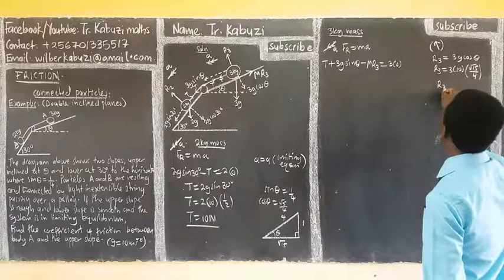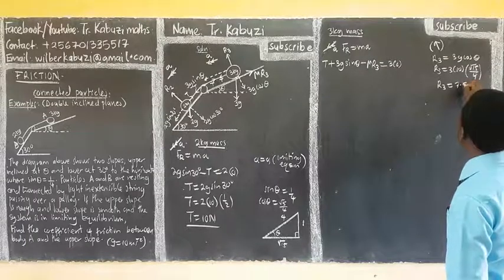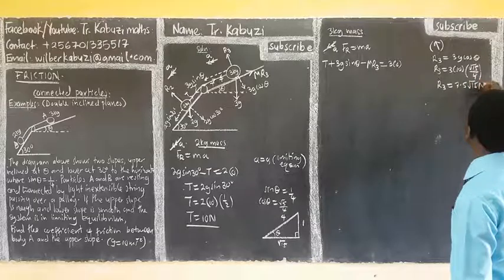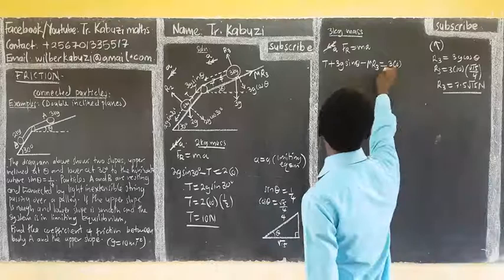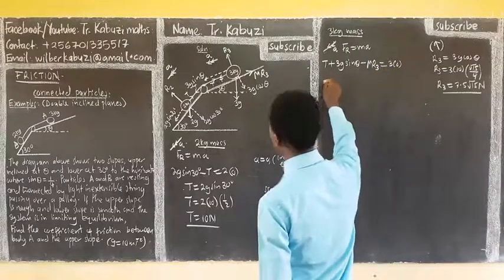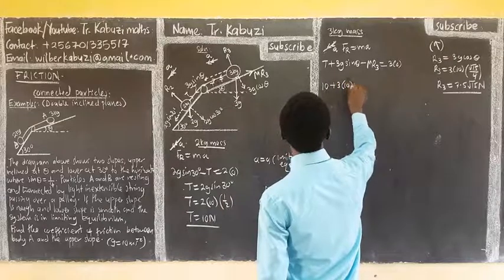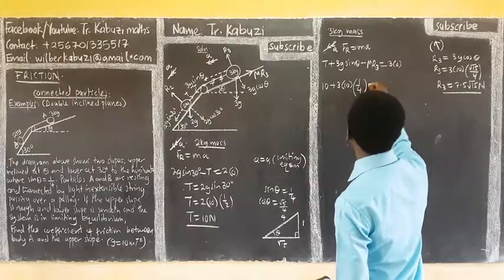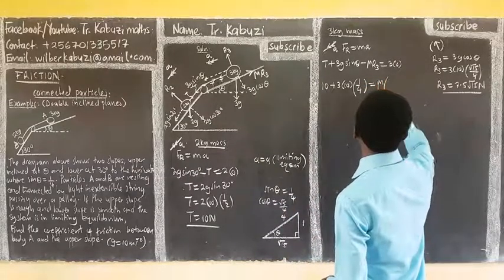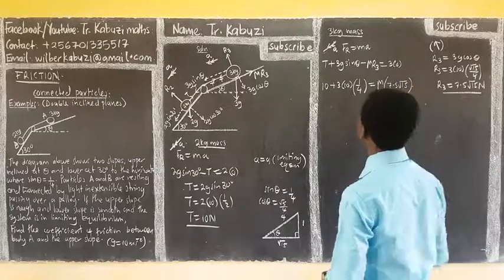So my R3 from here is going to be 7.5 root 15 newtons. Now, when I take this side, I have my T. Remember, our T is 10 plus 3 into 10 into sine theta, which is a quarter, equaling to mu into our R3, 7.5 root 15.